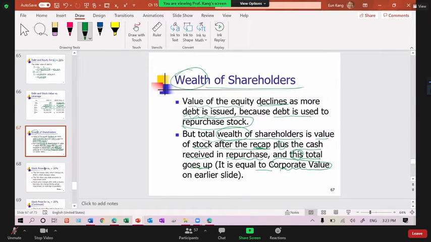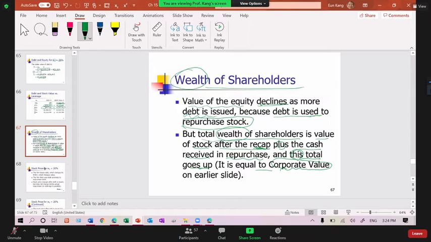So that is now very, very important. I told you that in 304, stockholder wealth maximization and stock price maximization may be different. And this is the case, right?